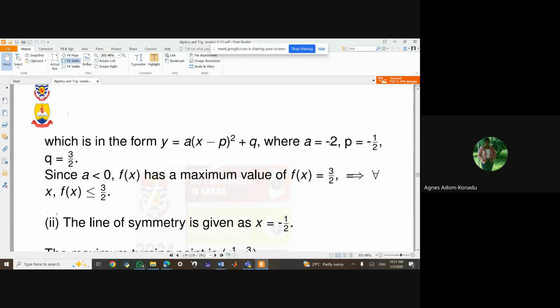So it means that it's going to open downwards. And then the axis of symmetry is the line x equals negative half. Since a is less than 0, it has a maximum value of f(x) equal to 3 on 2.